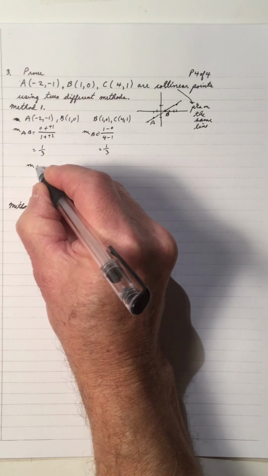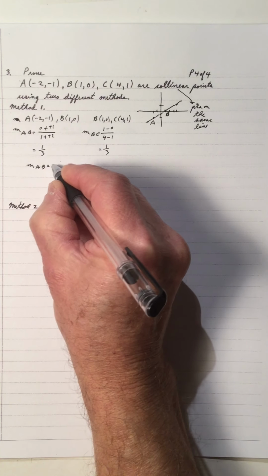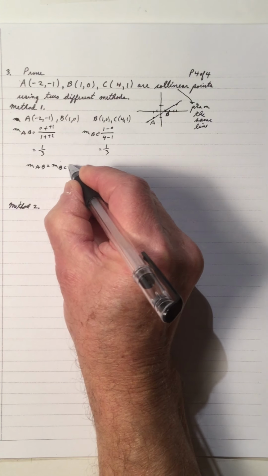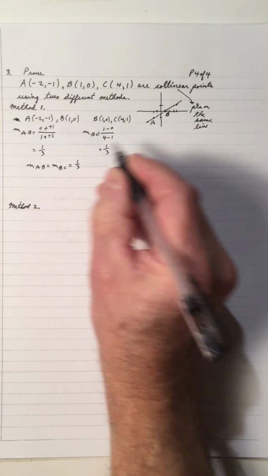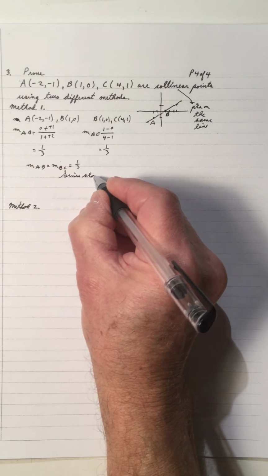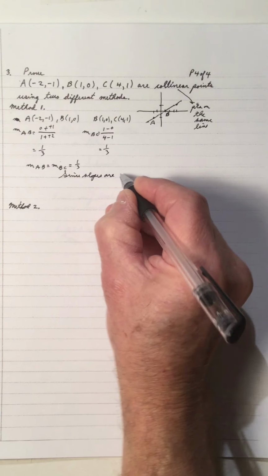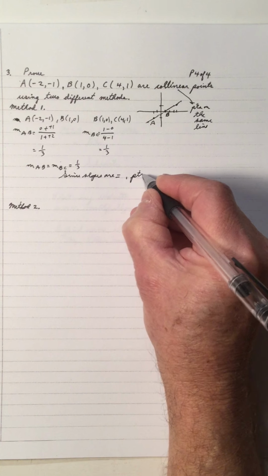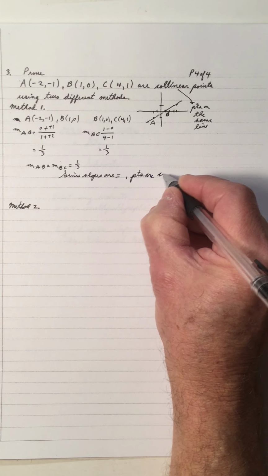So the slope of AB is equal to the slope of BC, which is equal to 1/3. And since the slopes are equal, the points are collinear.